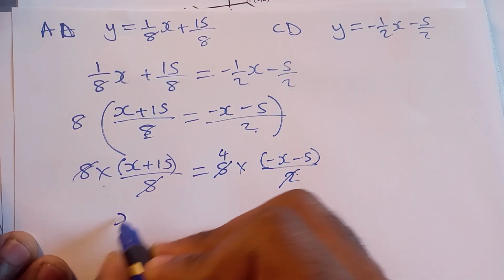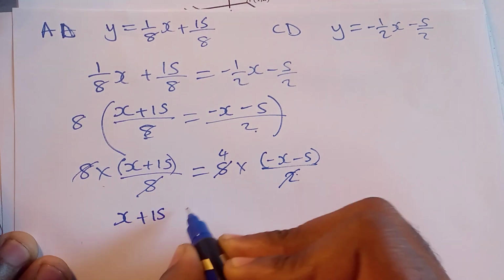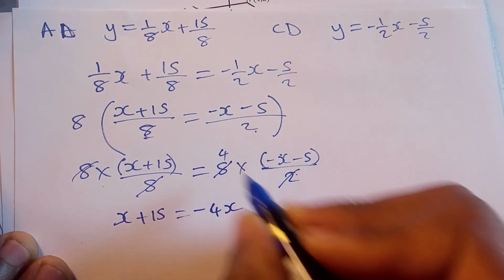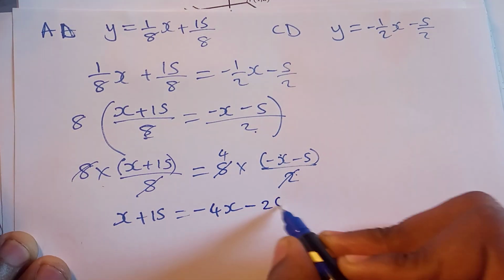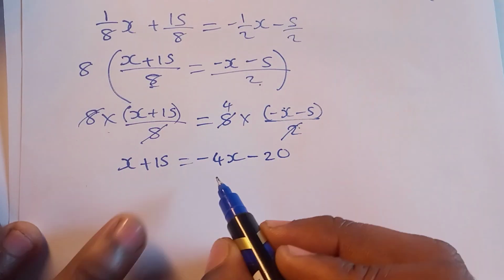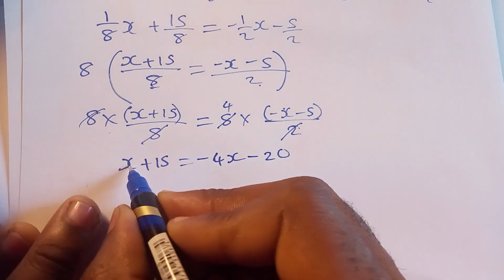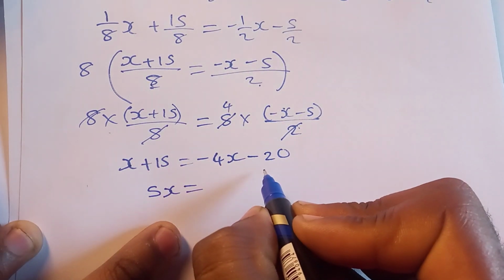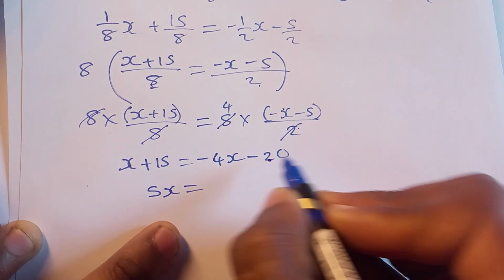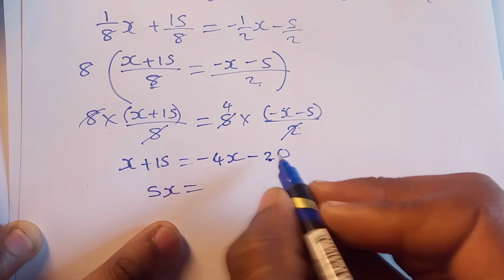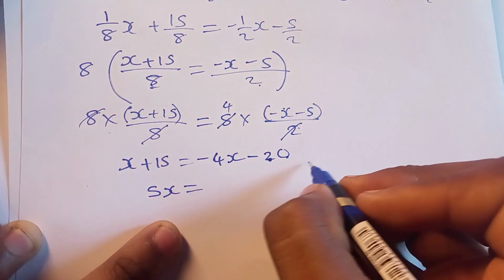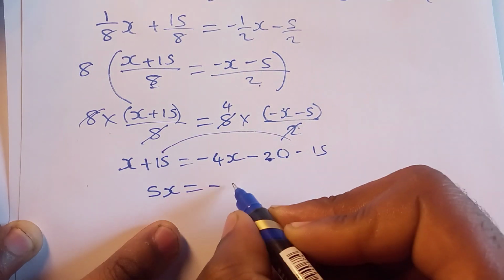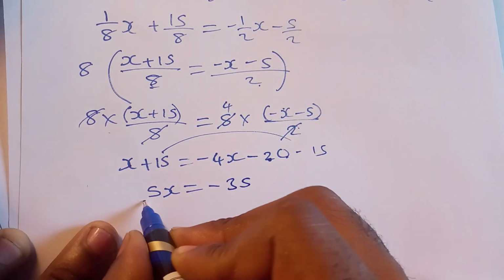So this and that will go. And then you have x plus 15 is equal to 4 times negative x, which is negative 4x, and that's negative 20. When you collect the like terms, you bring the negative 4x to this side and add it to this, which is 5x. The negative 15 this side, negative 20 minus 15, when you take the negative 15 this side, this will be 35.